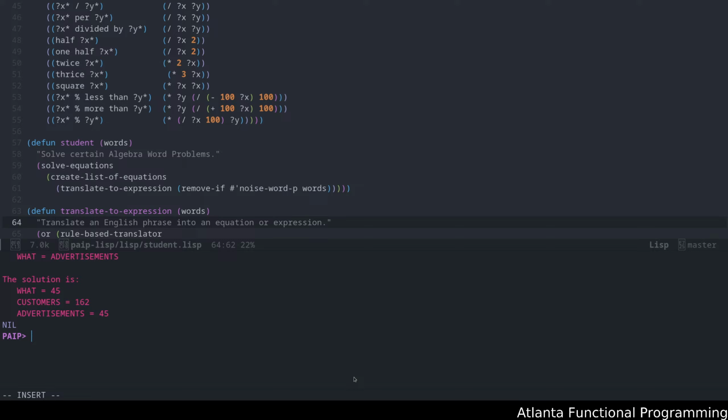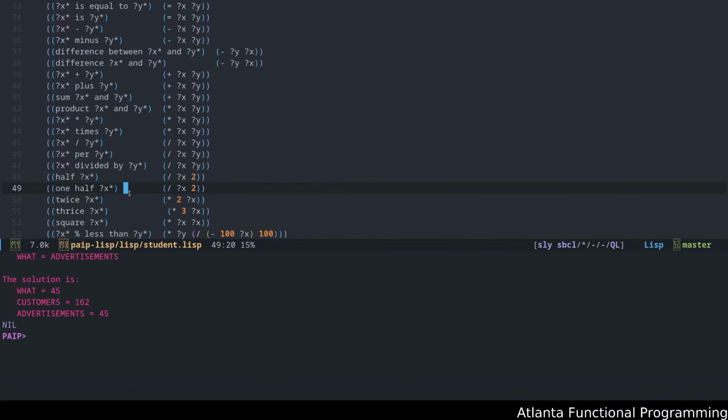And you can see that how it approached actually doing this was fairly straightforward. It ended up parsing the natural language text into a system of equations, using the rules-based translator that we've computed here, much in the same way that we solved GPS as well as ELIZA in terms of natural language parsing.